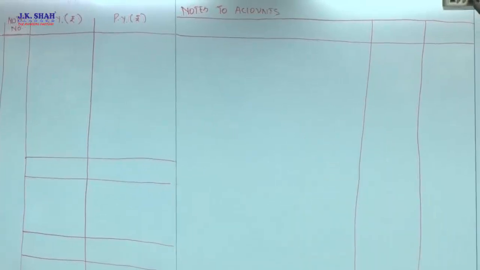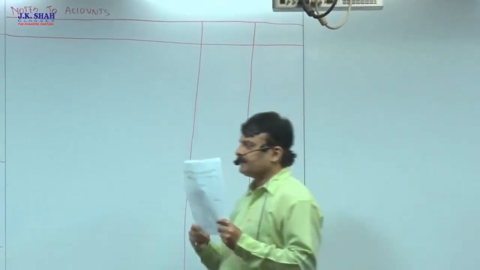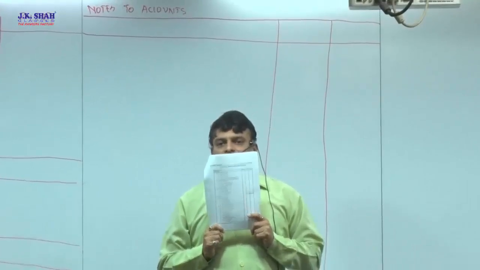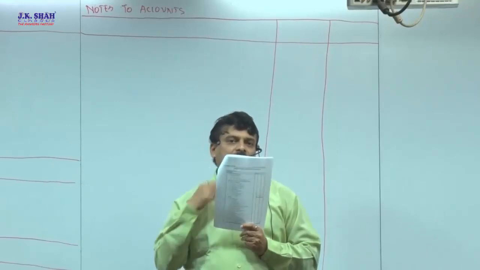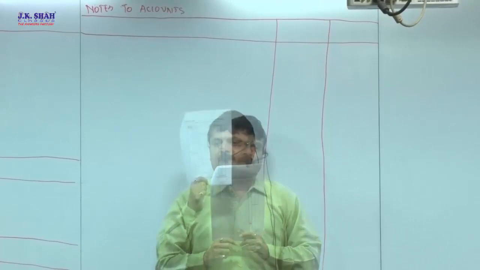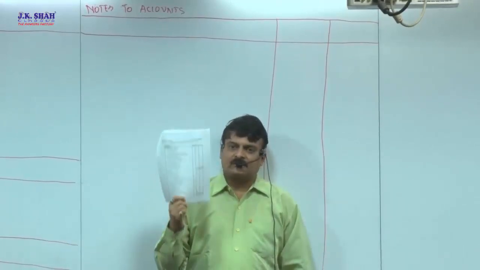Somewhere from the bottom, the 10th or 15th page will be this one. The heading will show you format of final account schedule 3.